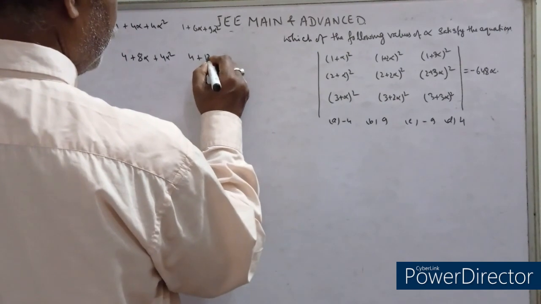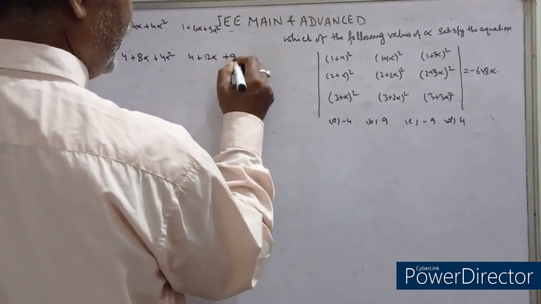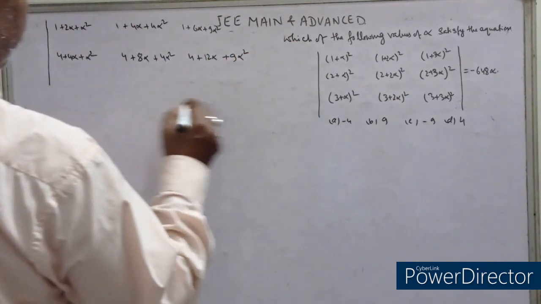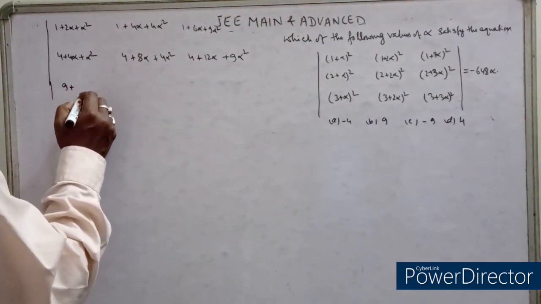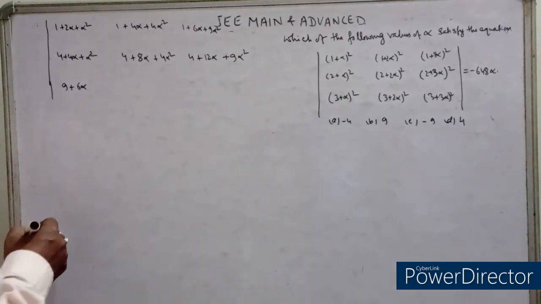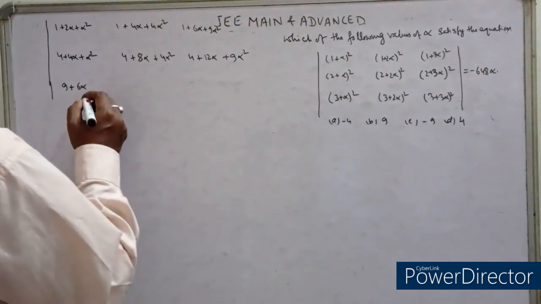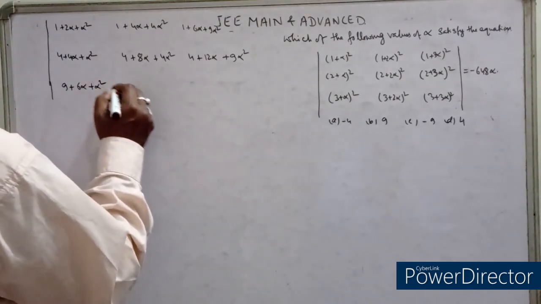and this is 4, 2 into 3 is 6, 2ab, that is 4 into 3 is 12, plus 12 alpha plus 9 alpha square, and here this will be 9 plus 6 alpha, 2 into 3 is 6 alpha plus alpha square.